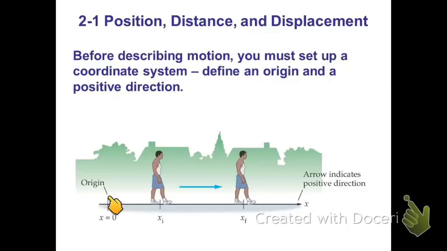Of course, we first have to pick an origin, the x equal to 0 position. Any mark on this line defines the position of the object. For example, xi here is the position of this boy, and xf is the position of the same boy at another time. So this makes our coordinate system and its markings.